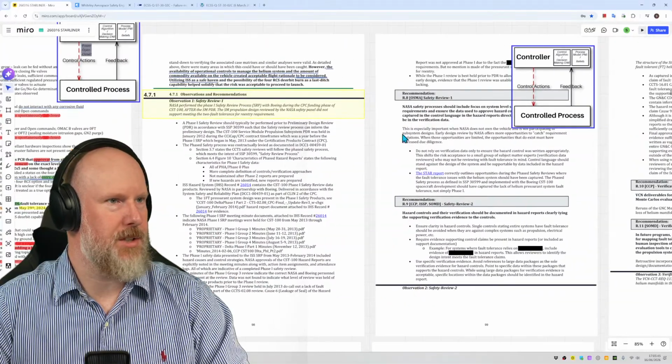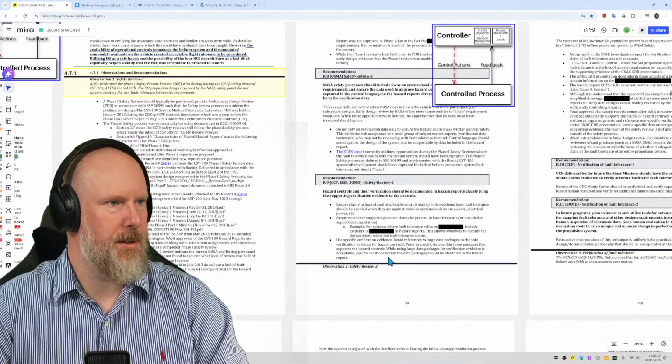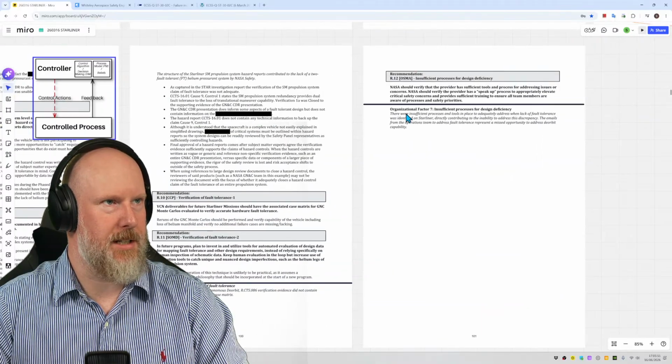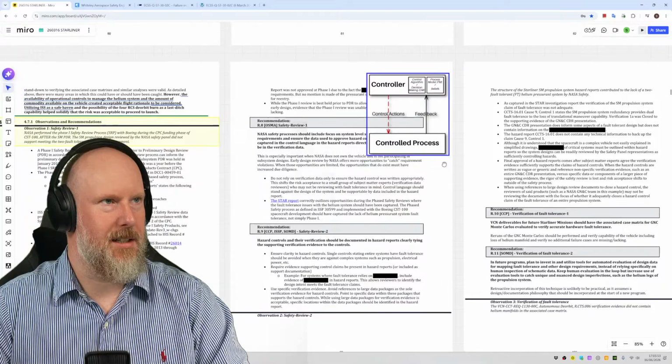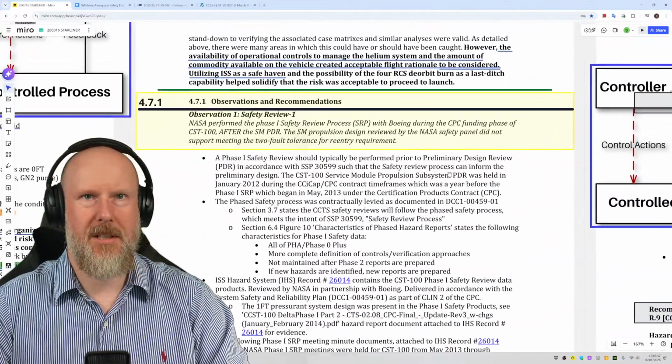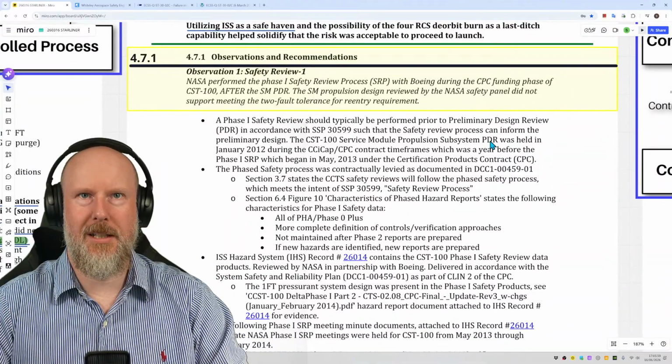So observation safety review, sorry, observation 1, observation 2, recommendation, observation, recommendation, organisational factor. It's a little bit confusing, that, I'll be honest. A bit confusing for me, for my simple mind. Here we go.